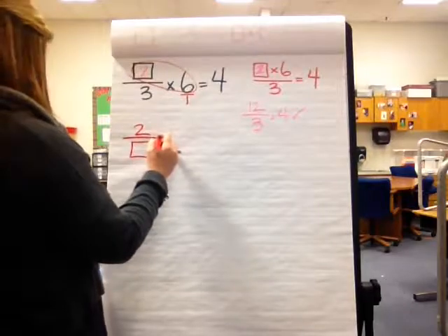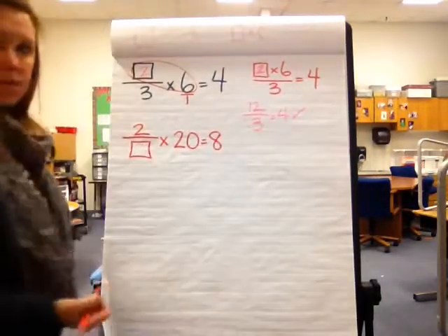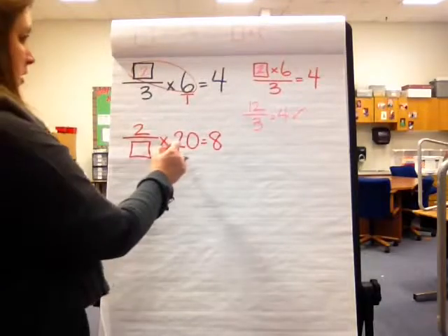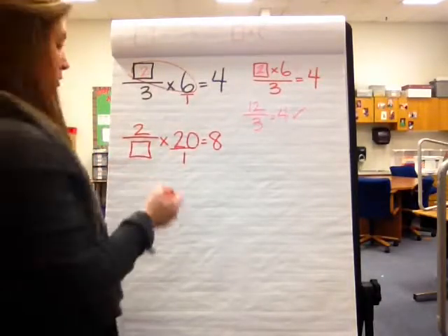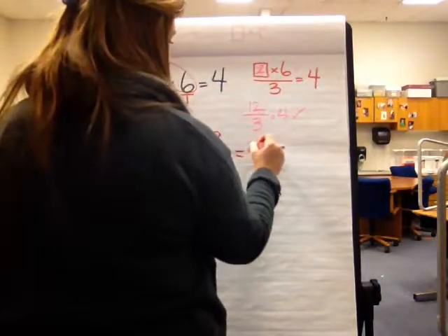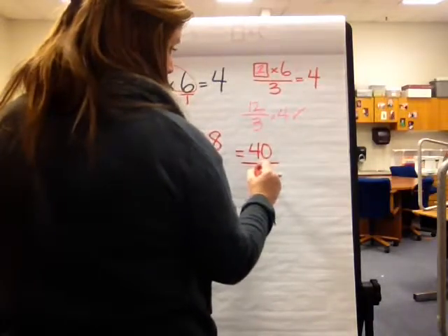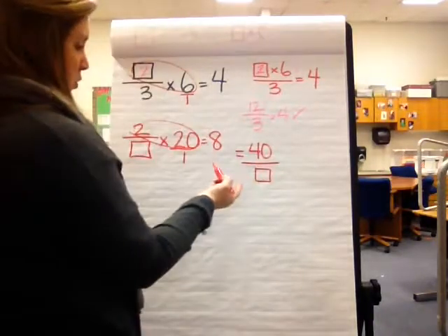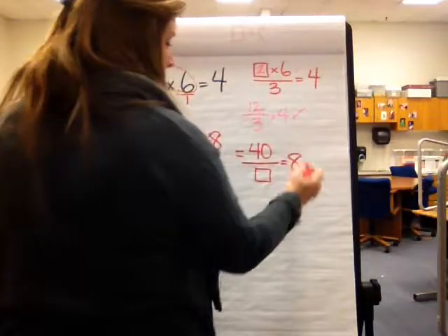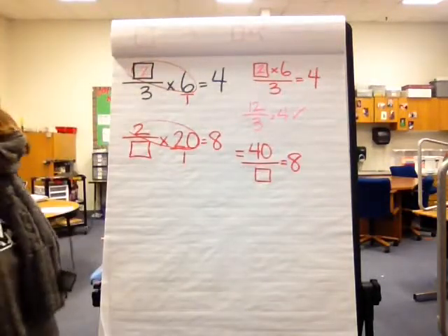All right, let's do another one like that. 2 over box times 20 is 8. So same thing here. Set yourself up over 1. Numerator times numerator is 40. Blank times 1 is blank, because anything times 1 is that number. So 40 divided by what is 8?